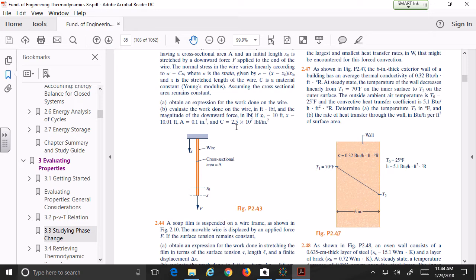All right, so let's read. Steady state. Okay, so we need to determine T2 and the heat transfer rate per feet square. So we need to find the next. All right, let me go to the .com. Oh no, if I click there, I'm gonna kill everything. So I think I need to click here.